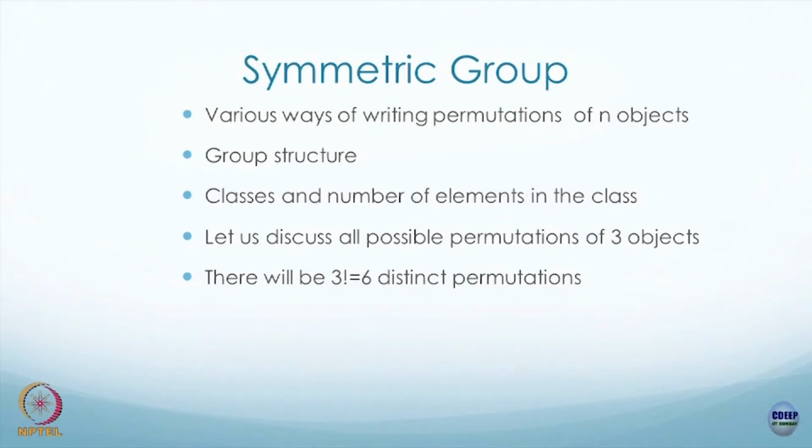This symmetric group with 6 elements will be clear, there will be an isomorphism between this permutation group and this abstract group. We will see that this abstract group with 2 generators A and B will have some isomorphism to the permutation of 3 objects. That is why it has been termed as symmetric.